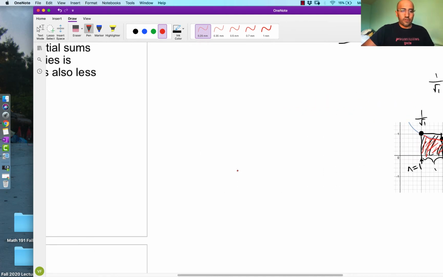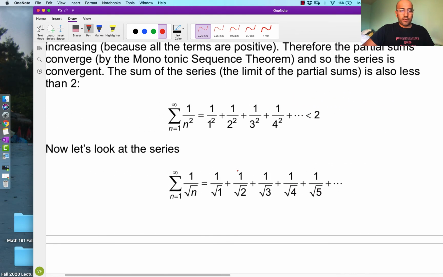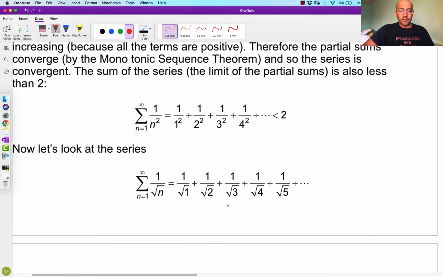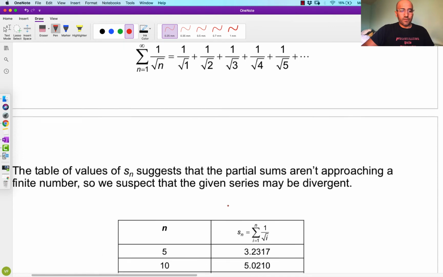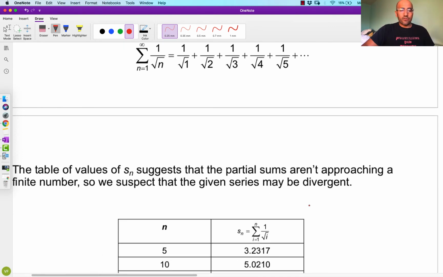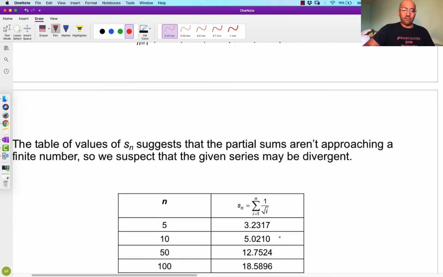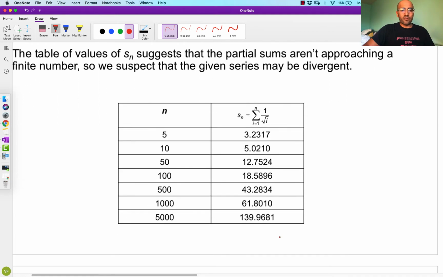Let's see what your author did over here. Okay, so here is this series. Let's look at a table of values. Again, just using technology. This is the sum of the first 5 values, the sum of the first 10 values, just using technology to crunch them out. So just to be clear, this number right here, this is S sub n. This is S sub 5.